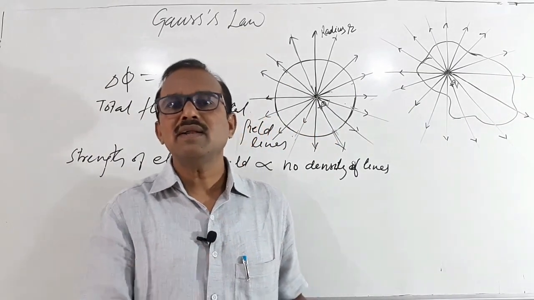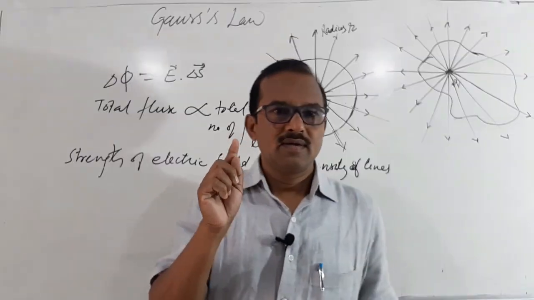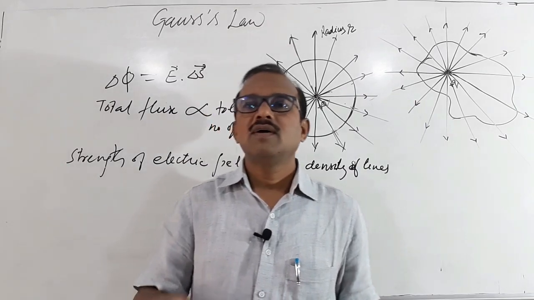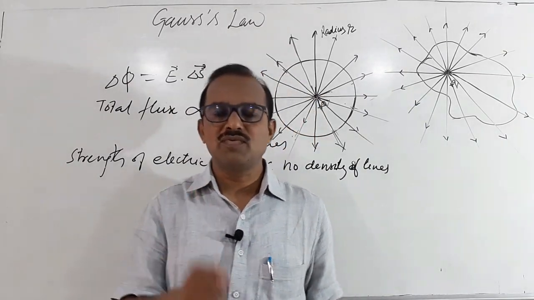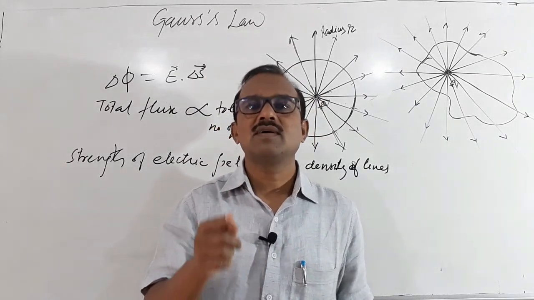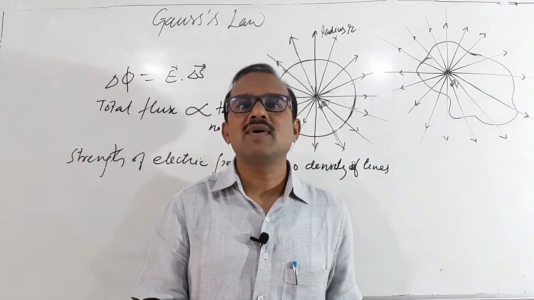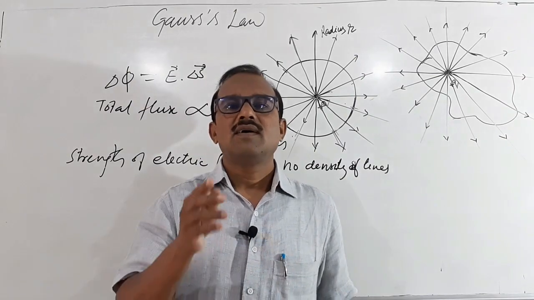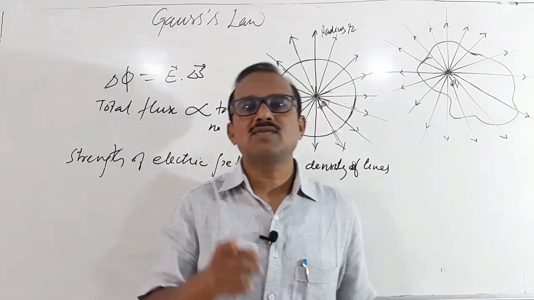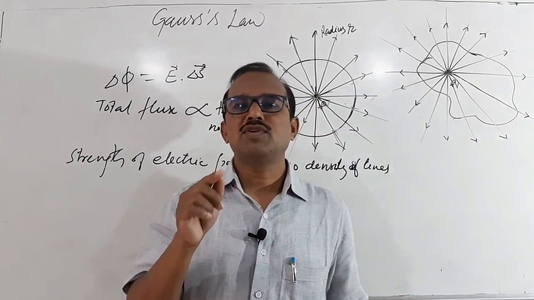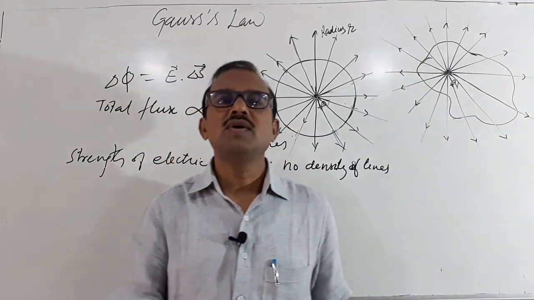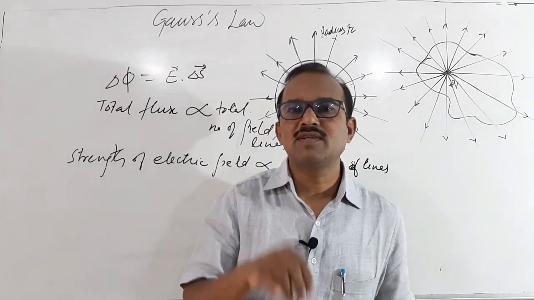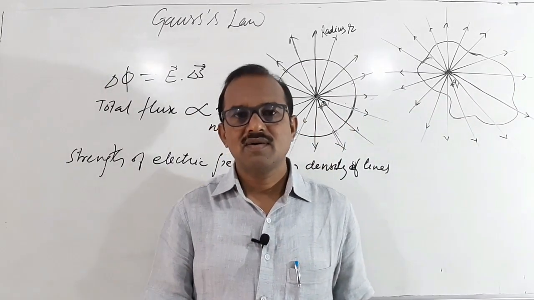Again listen, Gauss gave a law according to which the total electric flux through a closed surface which encloses some charge q is equal to 1 upon epsilon naught times the charge enclosed by the surface.